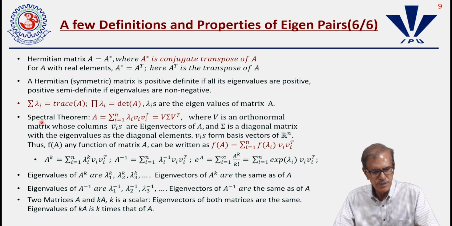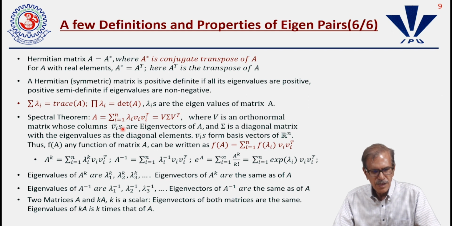So please remember them. First of all, the trace of a matrix is the sum of all its eigenvalues, and the determinant of a matrix is the product of all the eigenvalues. And we actually already mentioned the spectral theorem, which is very important and has many applications: the matrix can be expressed as the sum of all its eigenvalues into eigenvector and eigenvector transpose.